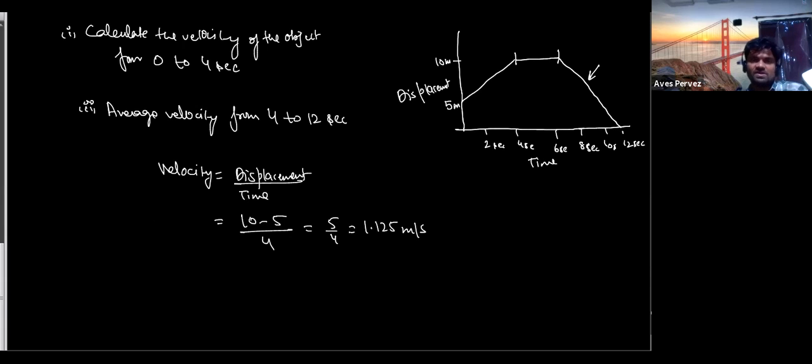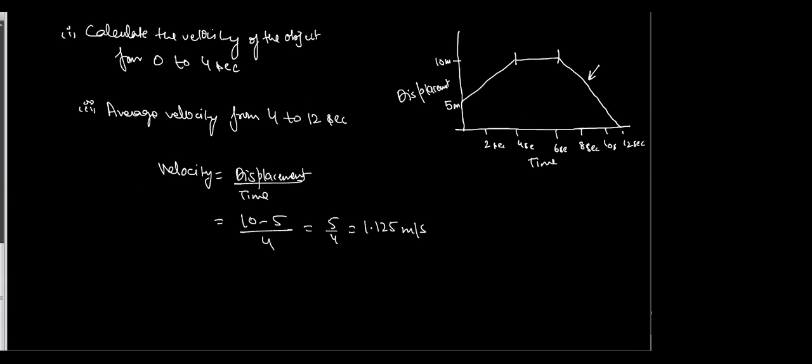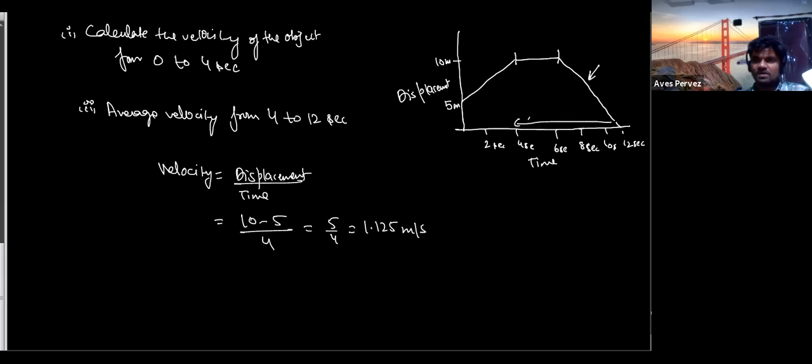If I asked you to calculate the average velocity from 4 to 12 seconds, from here to here, you first need to find the displacement. From 4 to 8 seconds, from here to here, there is 0 displacement. The initial and the final displacement are the same, so the velocity is 0.